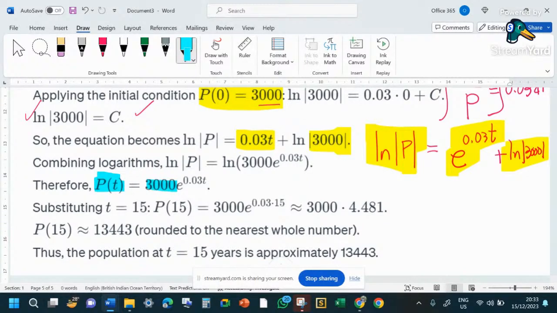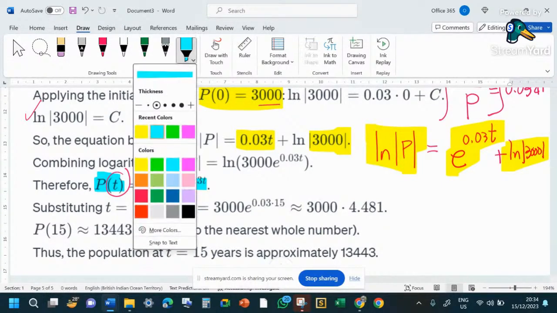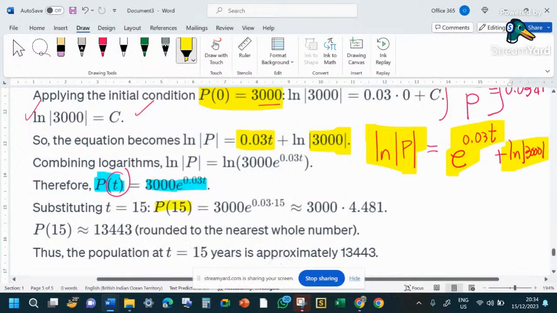3,000 times e raised to 0.03t. And because it's a function of t, you can substitute this t here with 15. So P of 15 will be 3,000 e to the 0.03 times 15.